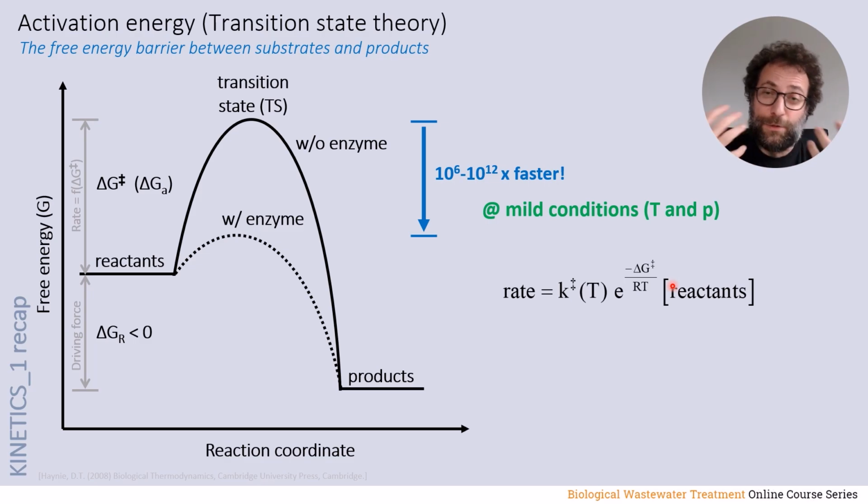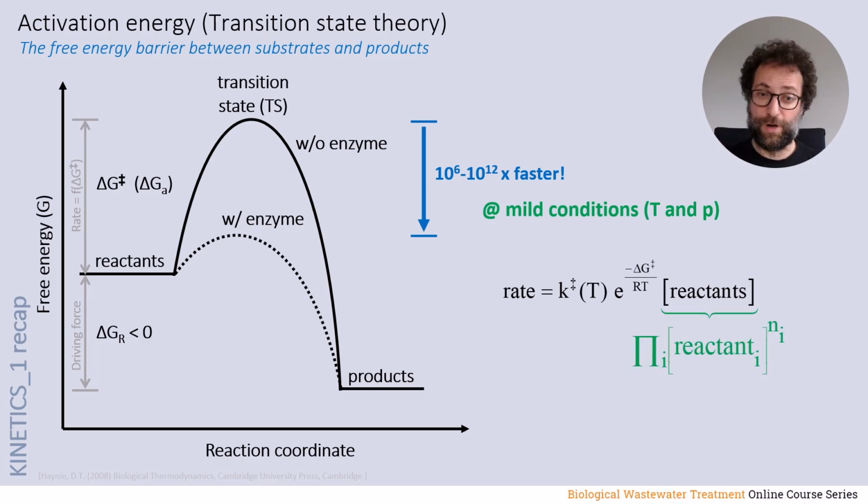So more correctly, to reflect the experimental evidence that we have, we usually express the rate as a function of the product of the concentrations or activities of the reactants, each of them for reactant i to the power Ni, where Ni is what defines the order of the reaction for reactant i, and usually but not always coincides with the stoichiometry of the reaction.